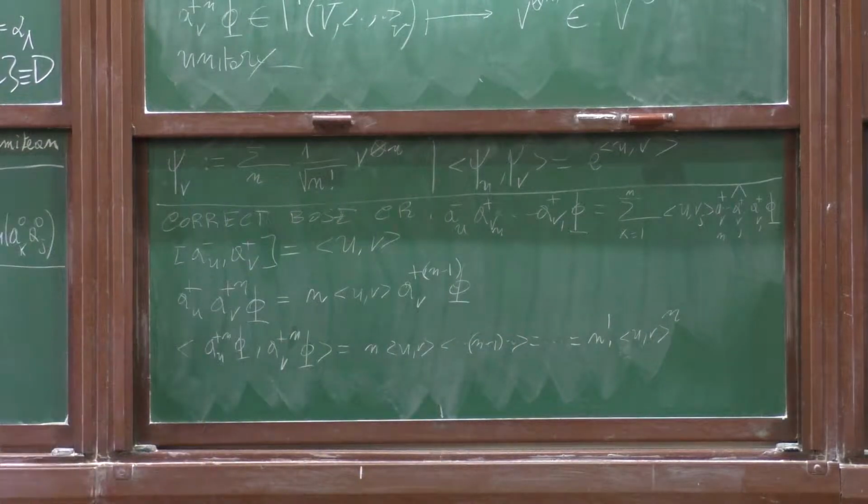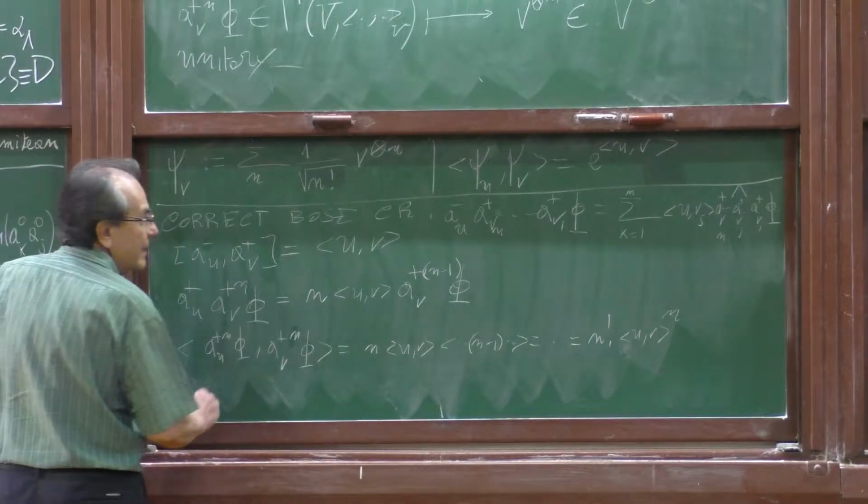Okay? But since you have this n factorial, it means you cannot define the exponential vector as we do in stochastic calculus, because you don't get the reproducing kernel.